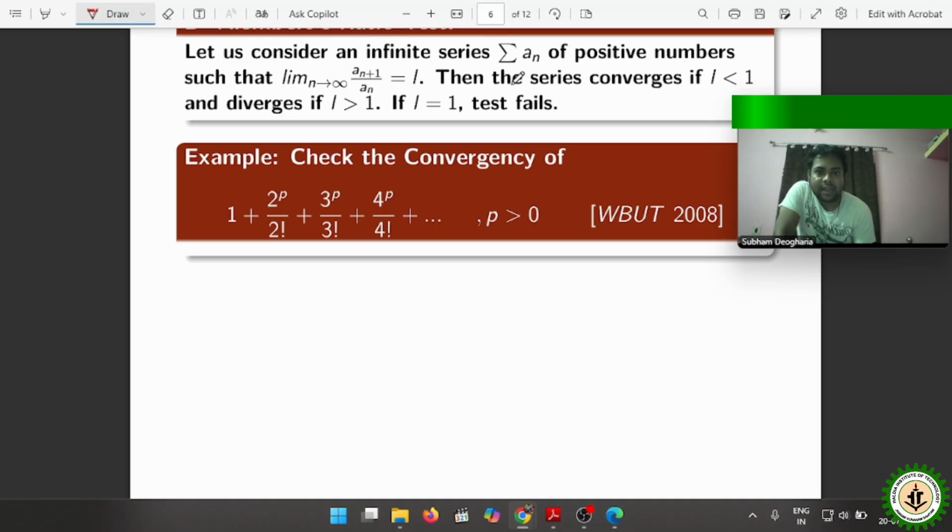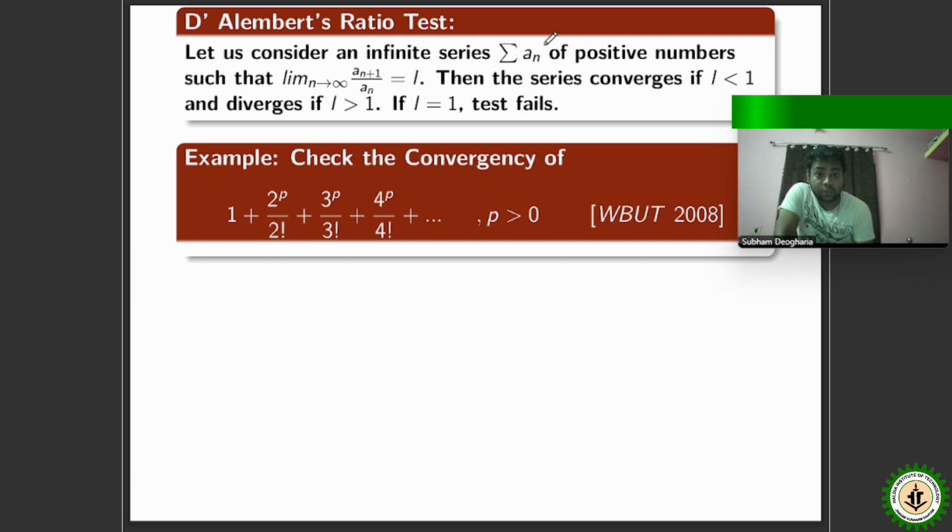Let us consider a series, summation an, of positive terms, where the limit as n tends to infinity of a(n plus 1) by an is L. Then the series converges if L is less than 1 and diverges if L is greater than 1. And if L is equal to 1, the test fails. Let's take an example.